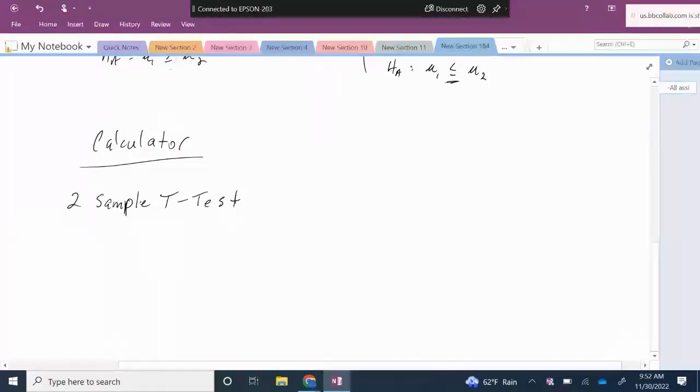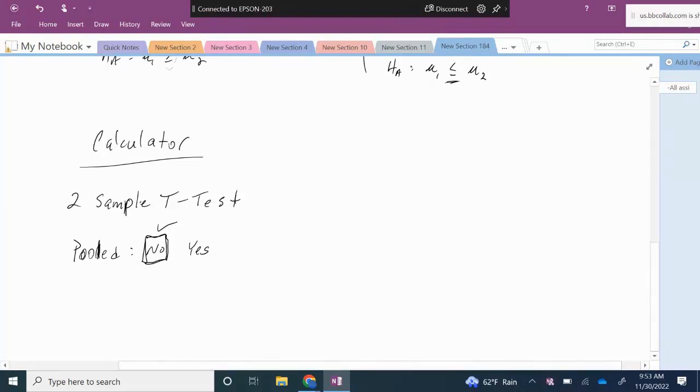Also, on the calculator you're going to be asked for pooled. The way these questions are set up, pooled is talking about the variances, and you would only use yes for pooled if the variances are equal.